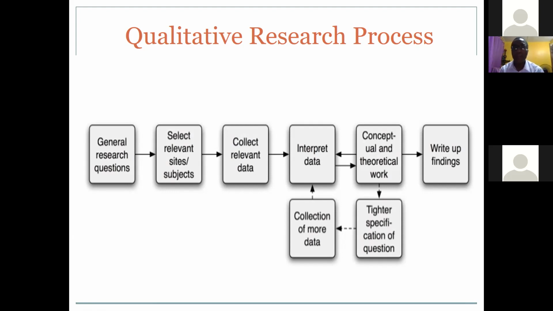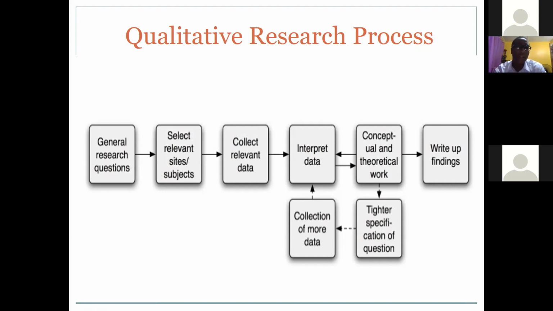So here we're seeing that the process starts with a generic research approach. Now, what is important here is that we may start with a general research question, because what we find happening down the line is that different research questions can emerge as we go about doing this research.